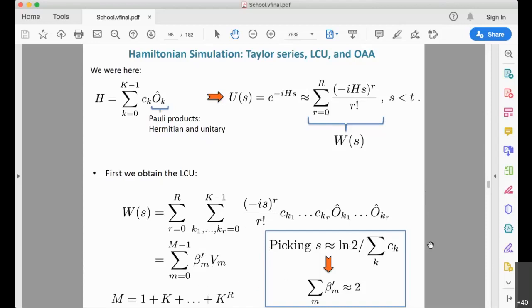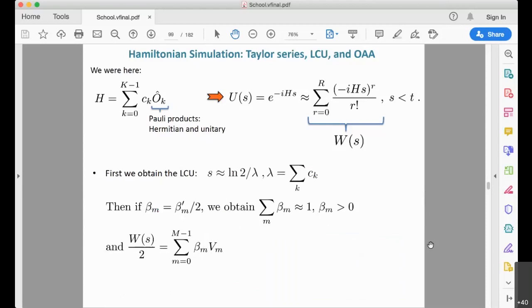Once I pick it that way, I can say that the linear combination is almost half a unitary. This W of S approximates the evolution operator. It is not exactly half a unitary, but almost, and that's the reason why I have to pick my S in some way.